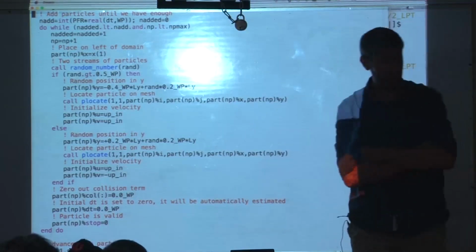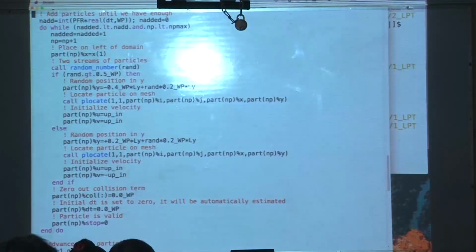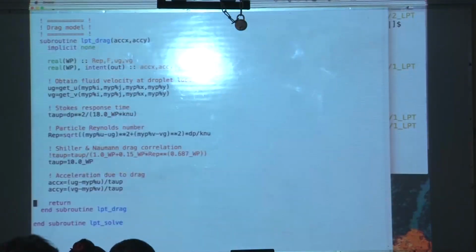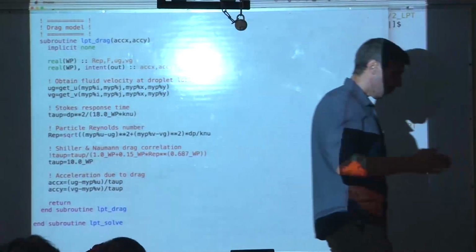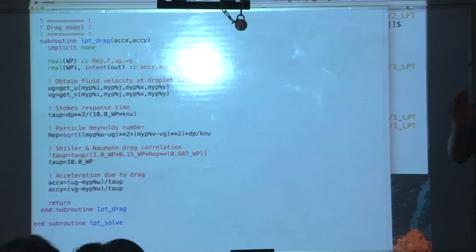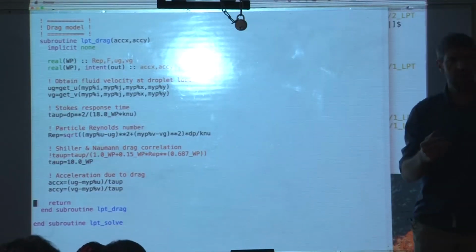It does depend on tau p, yes. Oh, I guess I should go back because did I change tau p? Tau p is some value, 10. So yes, it depends on tau p because I have an underlying flow field and we have drag. This flow field is constant at velocity 1, I think.